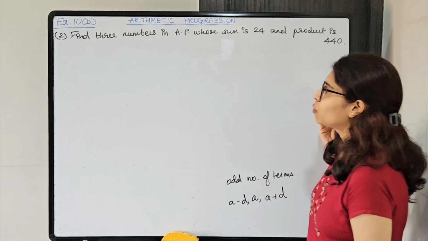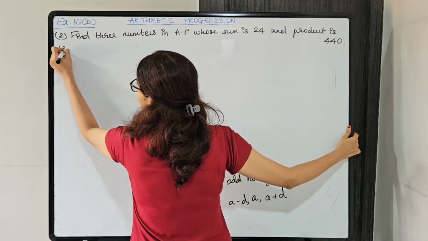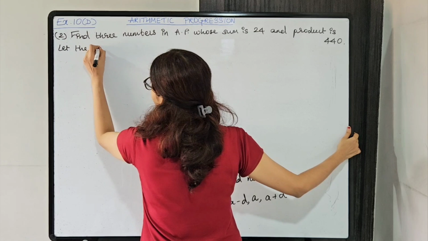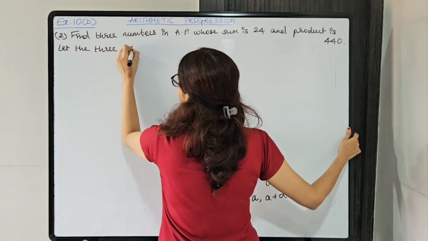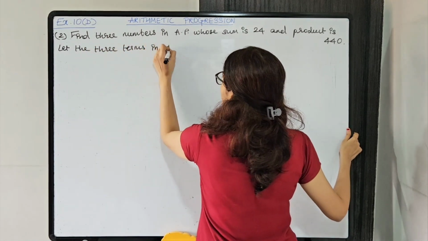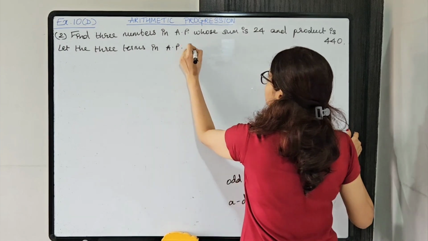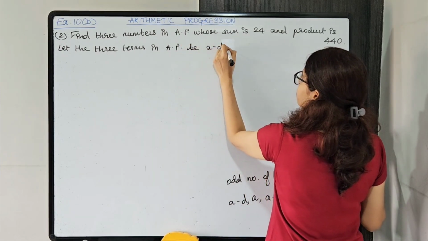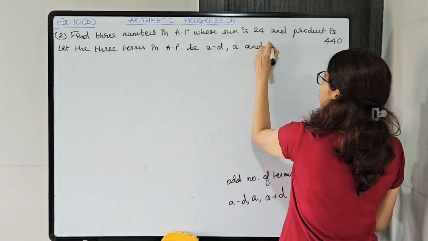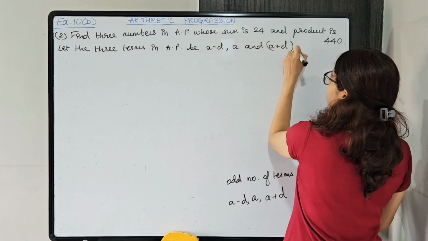Okay, so let the 3 numbers in AP be a minus d, a and a plus d.